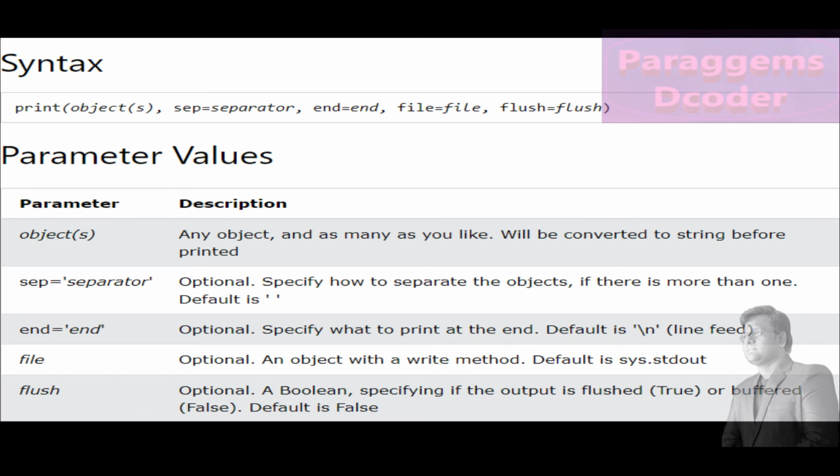In the next session, we will discuss object, separator, and end. So before joining the next session, you can also go through this. In practical, I will explain all these parameters in the next session.